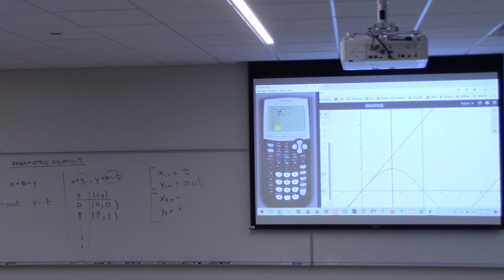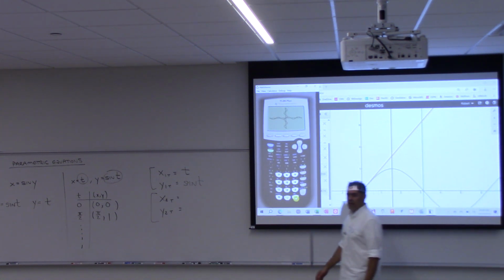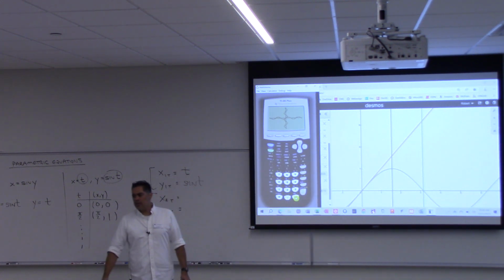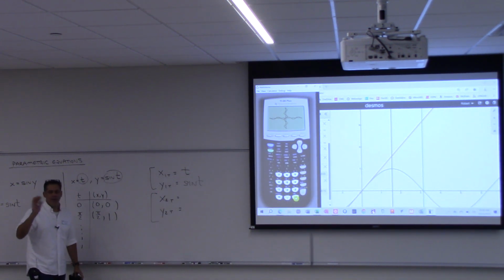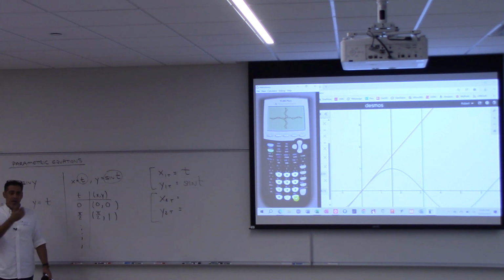I'm going to leave both of those there. I'm going to go to the third line, put in sine of t here, and t for the y coordinate. If I switch those two and hit graph, I've got my function going the other way. The calculator's not thinking about functions of x anymore.